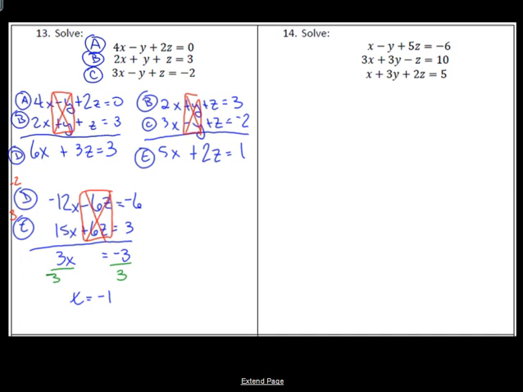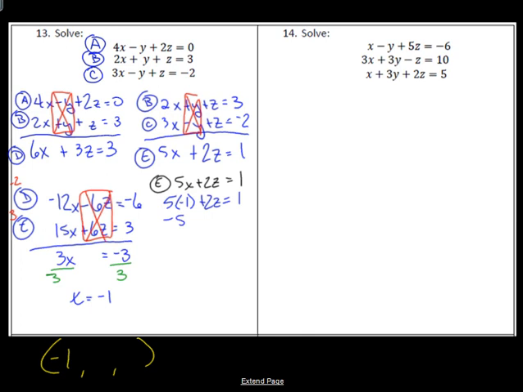Now with these, we're not going to get an ordered pair. We're going to get an ordered triple. So I now have my negative 1, so I only have 1/3 of my solution. I now need to go back to one of my other equations. I'm going to use equation E: 5x plus 2z is equal to 1. I'm going to plug in negative 1. So I have 5 times negative 1 plus 2z is equal to 1.